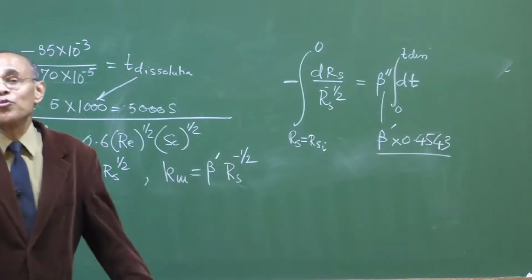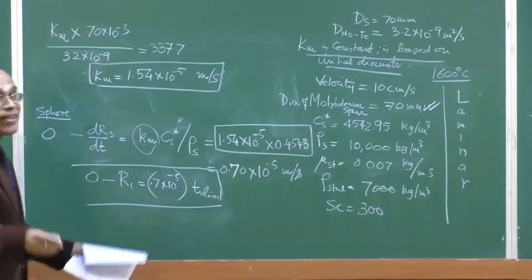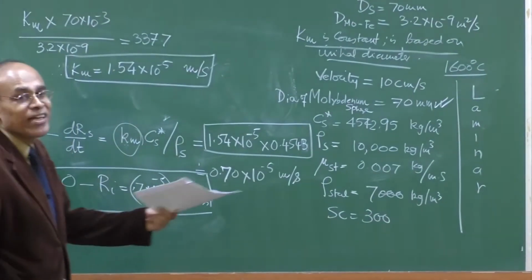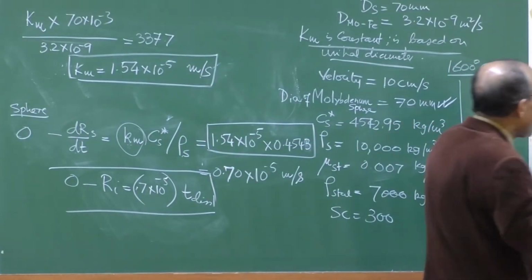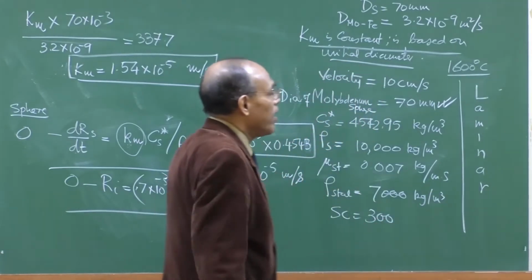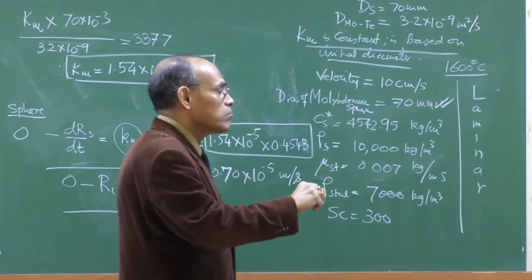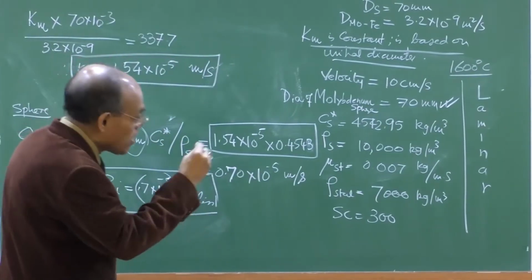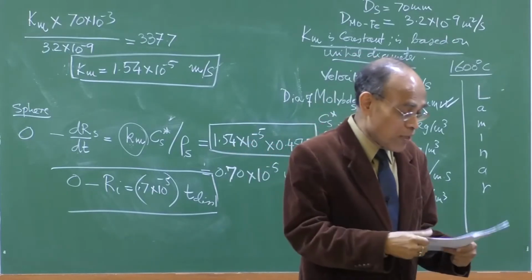That is the final. You can do this, get the value, and compare with our simplified estimate of 5000 seconds, and see whether it is justified, how different the results are, if you consider a constant radius versus a time dependent radius for the estimation of the mass transfer coefficient.